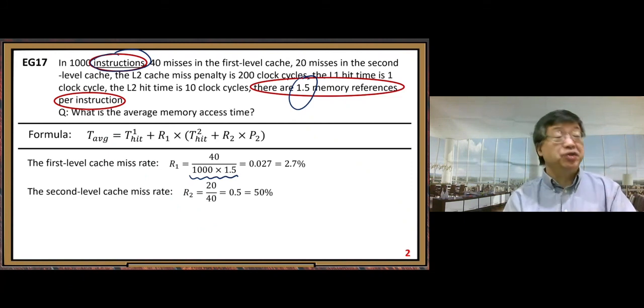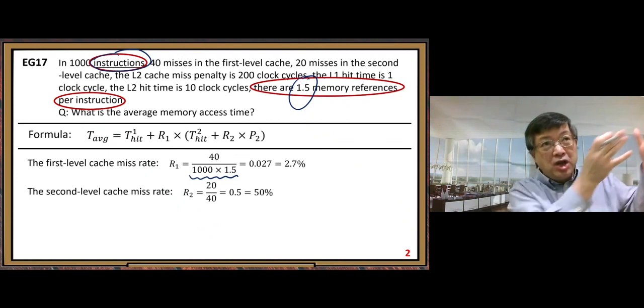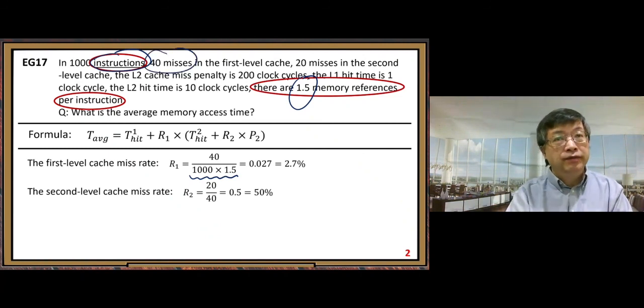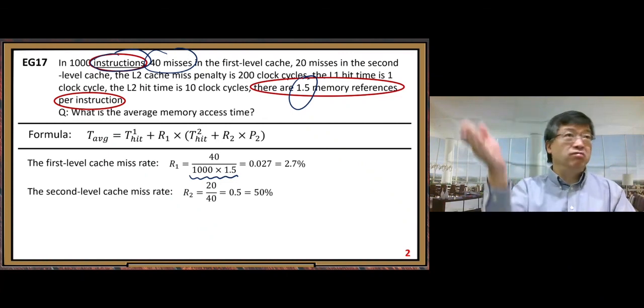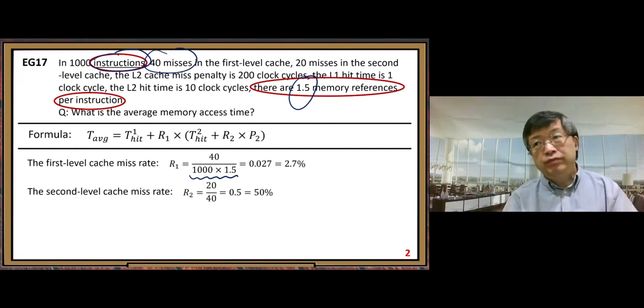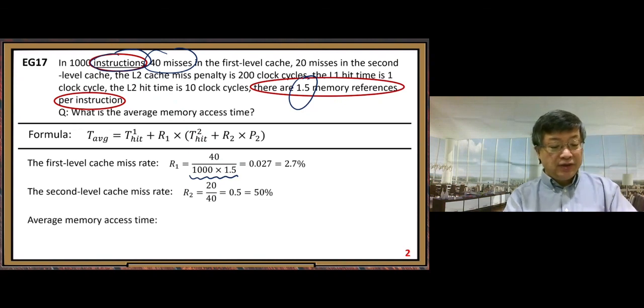Because of the definition: R2's denominator is the number of L2 requests, which are the L1 misses, that's 40. Then the numerator is L2 misses. You calculate it the same way as in our previous example, so you get 50%.